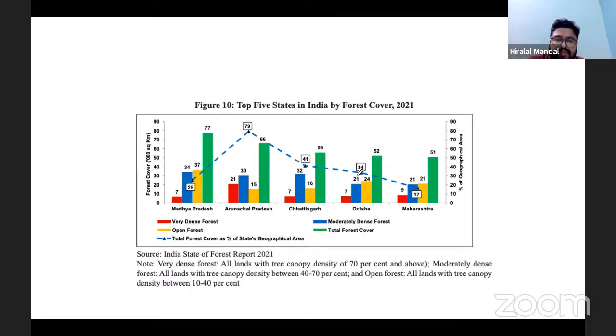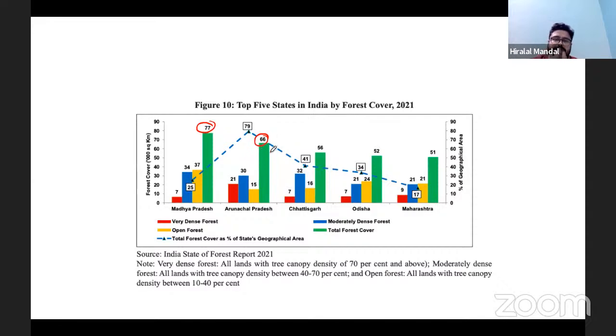So if you look at the total forest cover in the country, in terms of total forest cover, Madhya Pradesh is at the top, followed by Andhra Pradesh, in absolute terms.